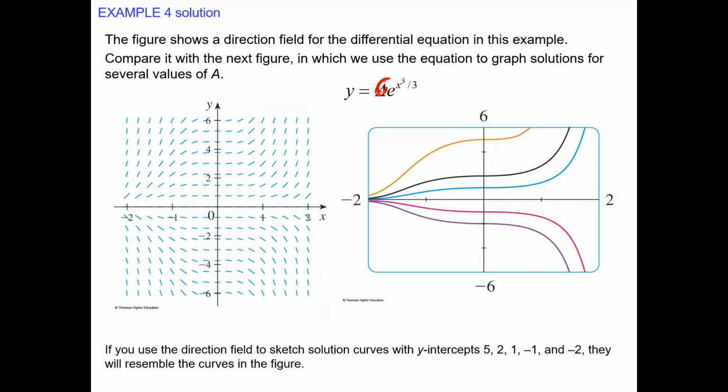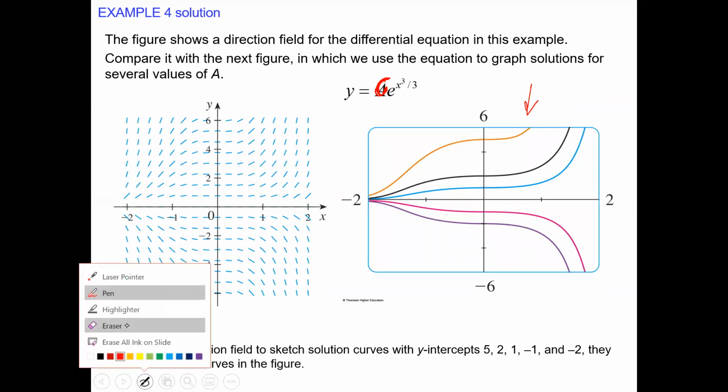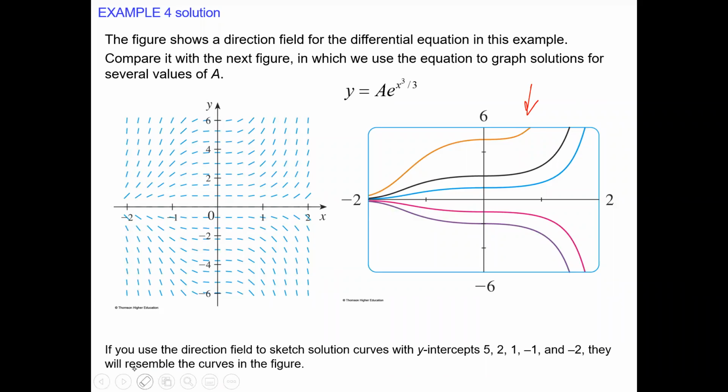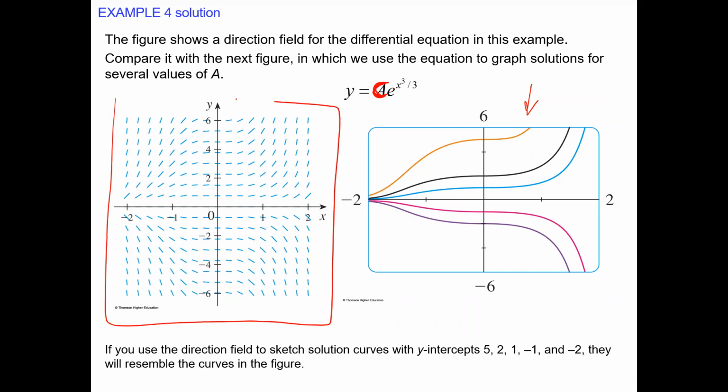This represents the solution, the exponential function, c times e to the x cubed over 3. Depending on what c is, we may have a different curve. But this one, I just wanted to show you.